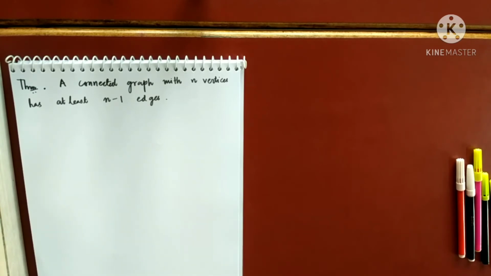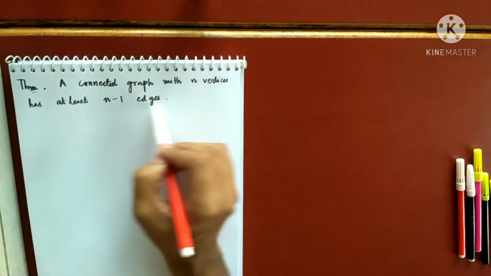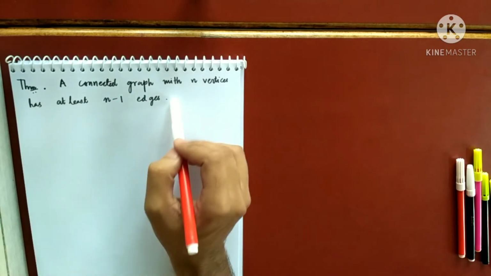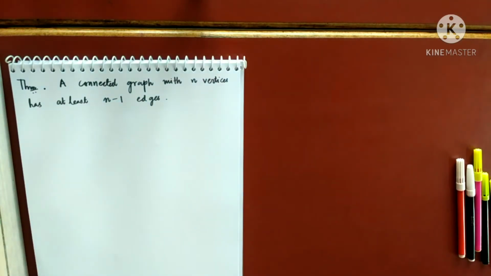It cannot have fewer edges than this. If it has fewer edges, then my graph cannot be connected. So remember the theorem: the minimum number of edges in a connected graph with n vertices is n minus 1.